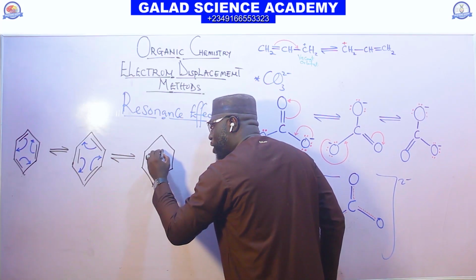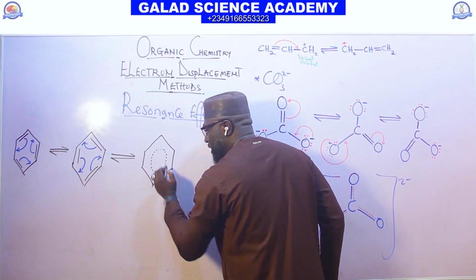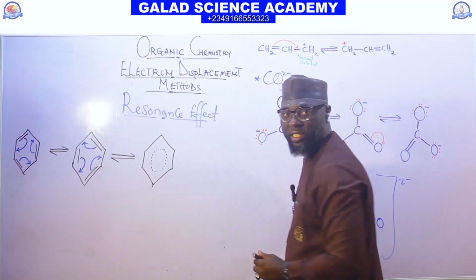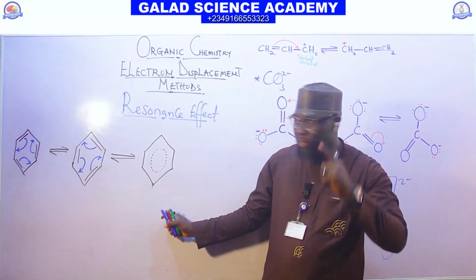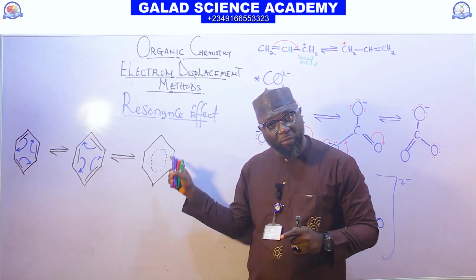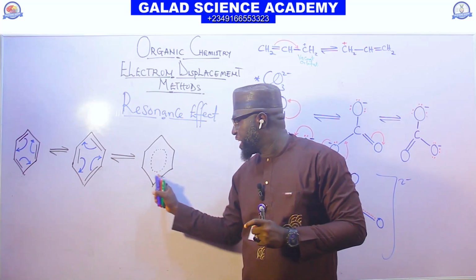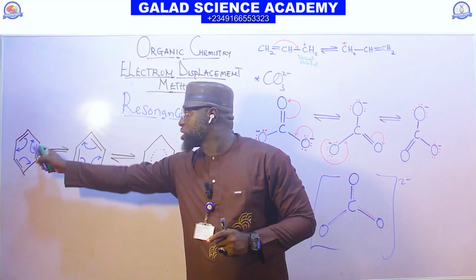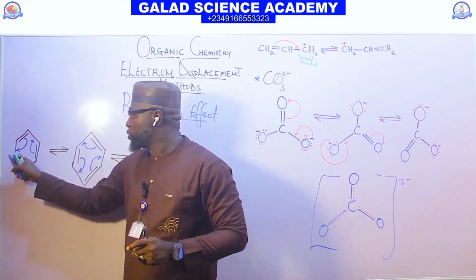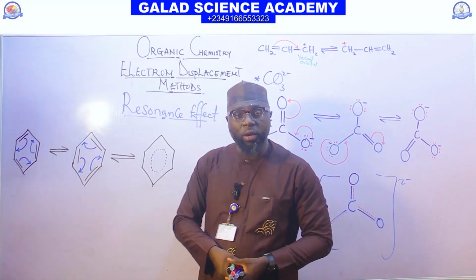We now conclude that this is the real structure of benzene. This is the hybrid structure of benzene. Between these three, you may ask which of the three is the real structure of benzene? This is the real structure. It is better for you to draw the real structure of benzene and put a ring in the middle, because the pi electron is not stable here, it can move to this side, and it will continue migrating.